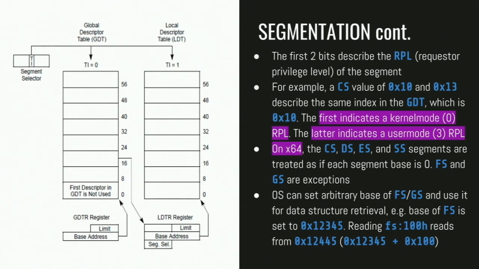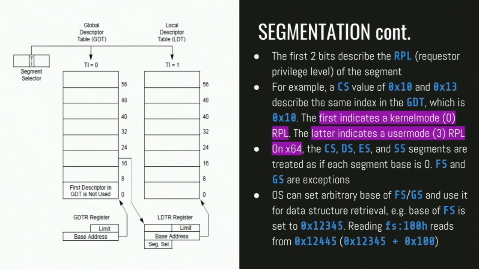That means, assuming I'm an OS developer and I want to read kernel mode data structures, I can set a base address of, for example, FS to be 12345. So when I read FS:100, I'm actually reading from the linear address 12445.